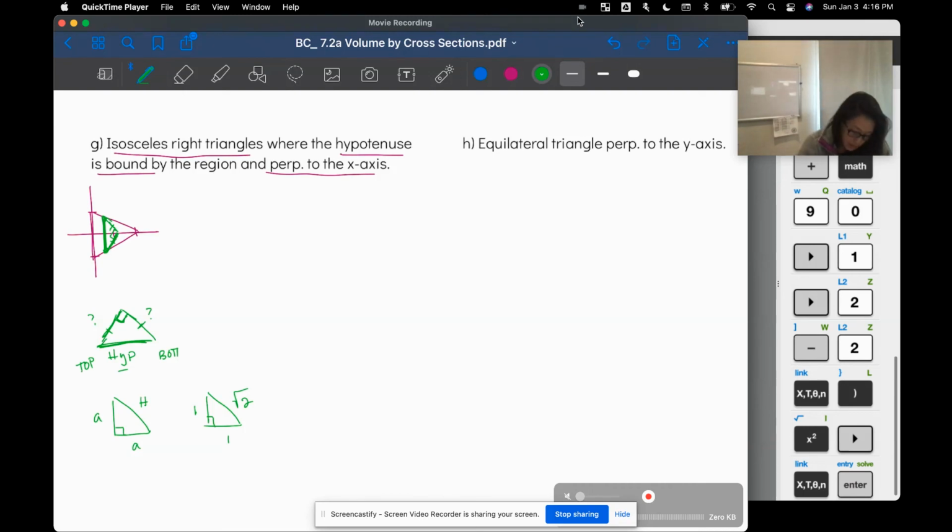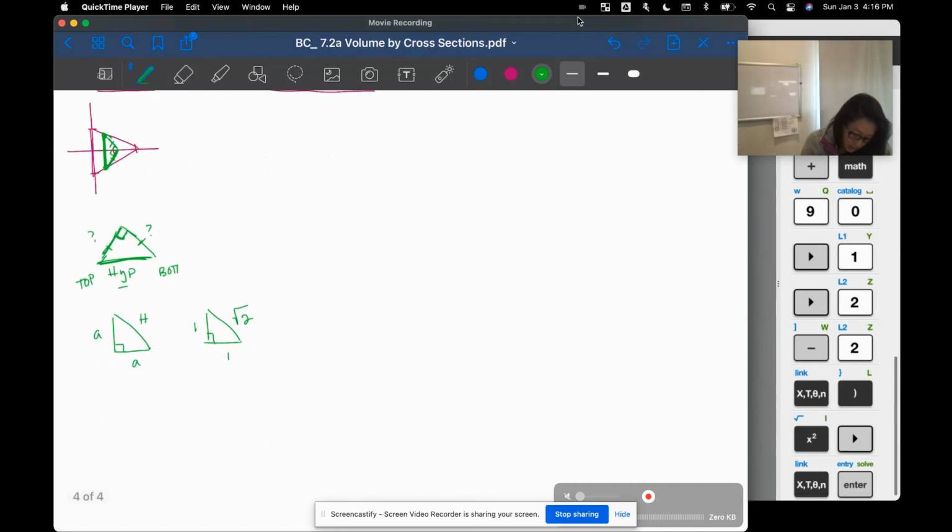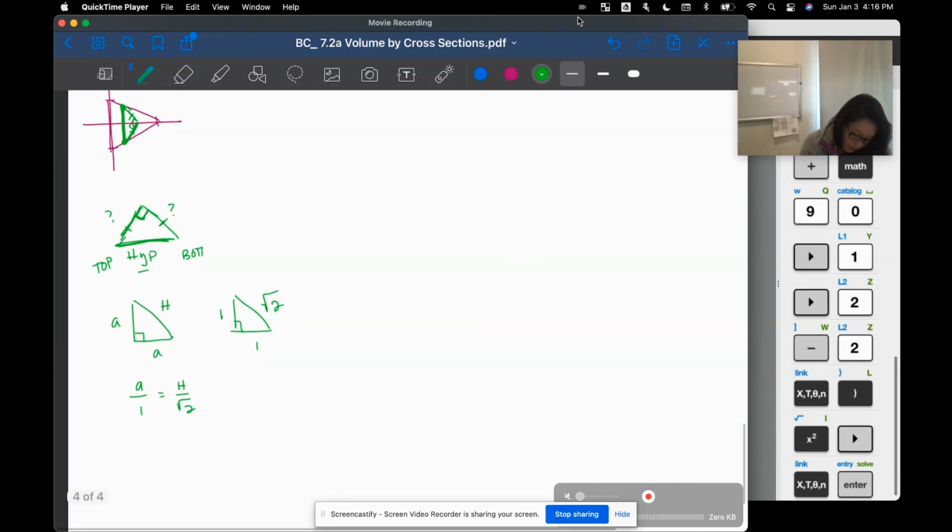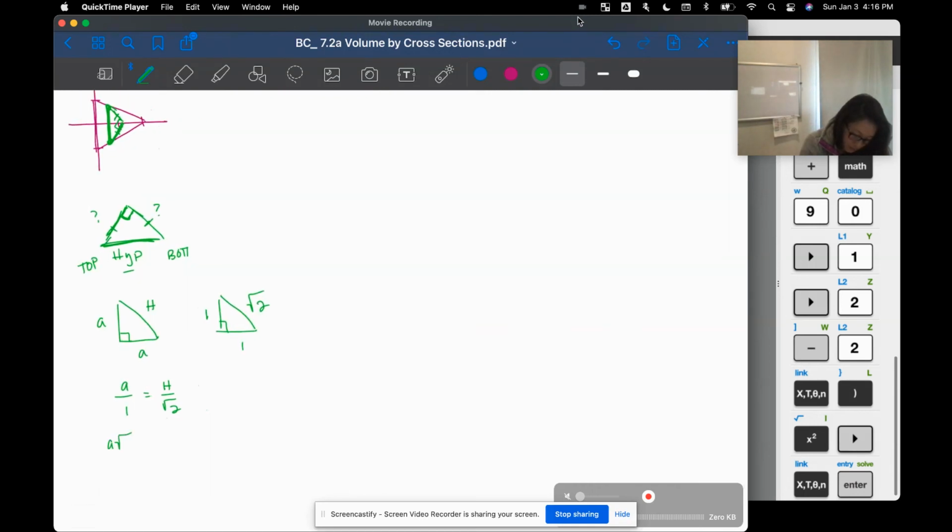So I can set up a proportion. I know that if the leg is A, that should be A over 1 equal to the hypotenuse over root 2. So I'm going to cross multiply and get A root 2 is equal to the hypotenuse. So the leg is equal to the hypotenuse over root 2.